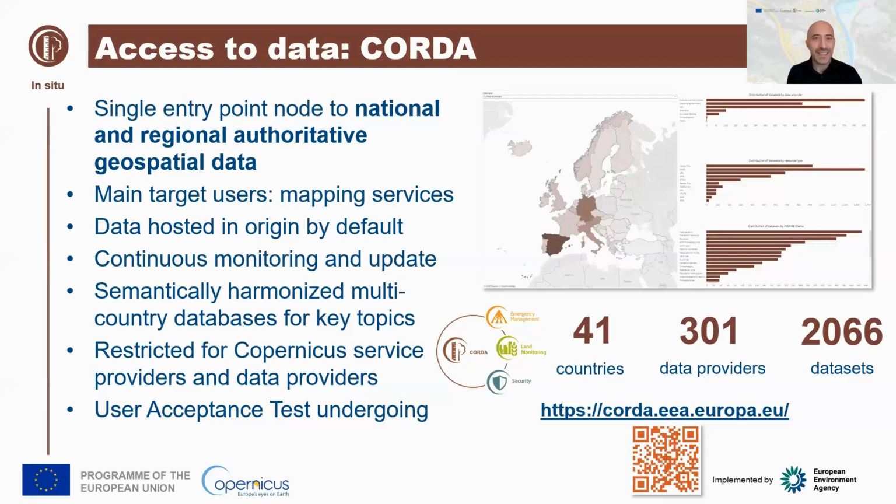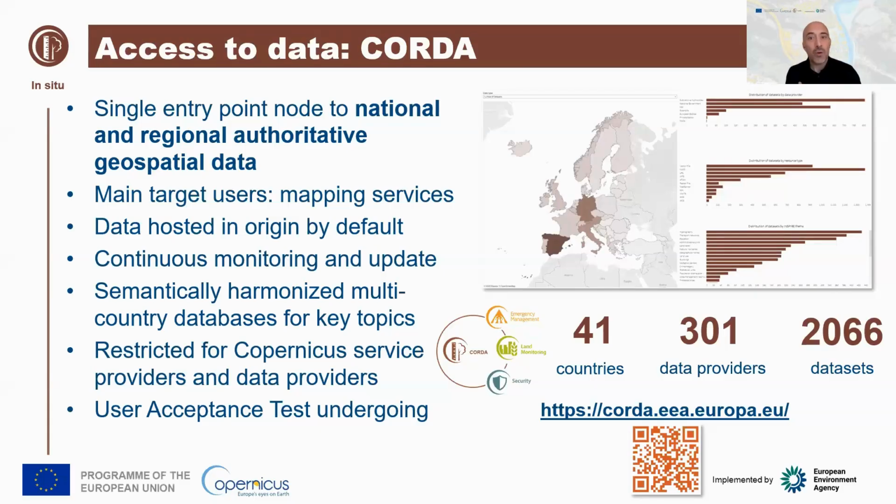I will not go into detail here because that is the main purpose of the webinar, but CORDA really aims to be a single entry point to up-to-date national and regional authoritative geospatial data for Copernicus. So our main target users are the Copernicus mapping services. It's important, and Olga and Iñaki will highlight this, we don't host the data by default.